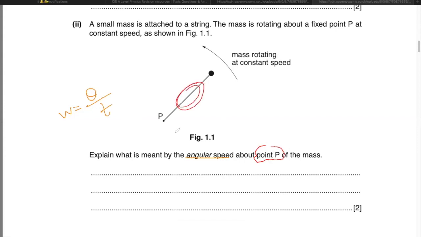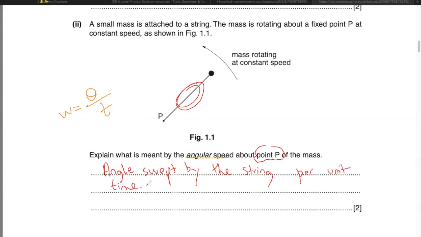Basically this thing, right? So the correct answer to this question is angle swept by the string per unit time.